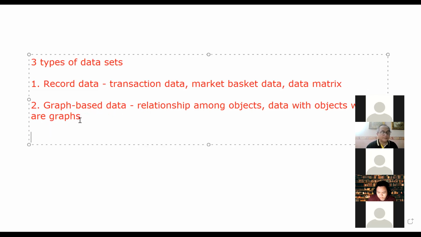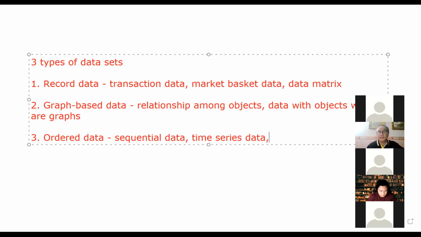The number 3 is ordered data. Data comes in the form of orders, meaning that they are sequential data. Sequence data, time series data, and spatial data.